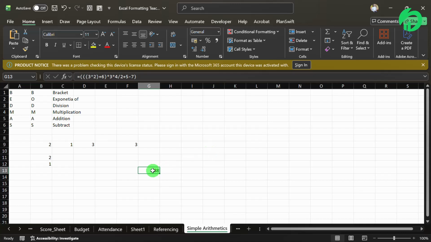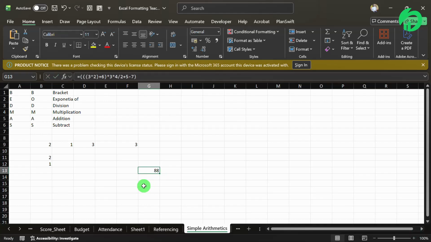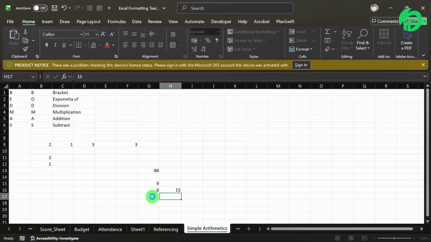Looking at this, what actually happened here is that using our BEDMAS or BODMAS, this guy, I believe that it should do your 3 raised to power 2 first. Your 3 raised to power 2 should be 9, then plus 6. So 3 raised to power 2 equals your 9 plus 6, and your answer for that will be 15.